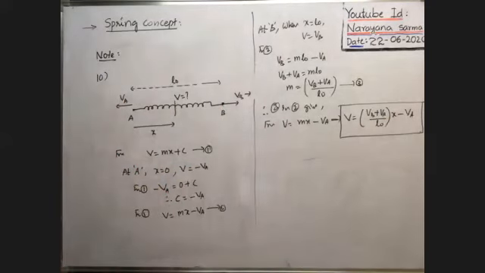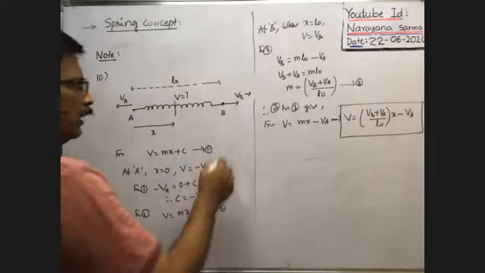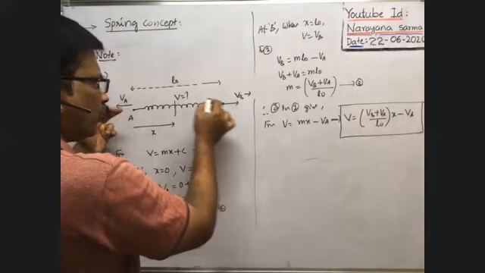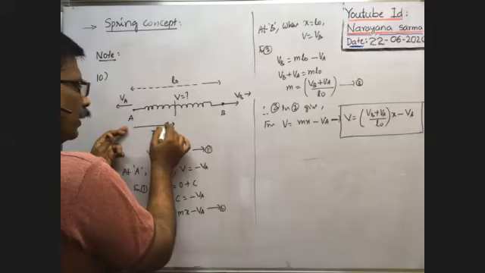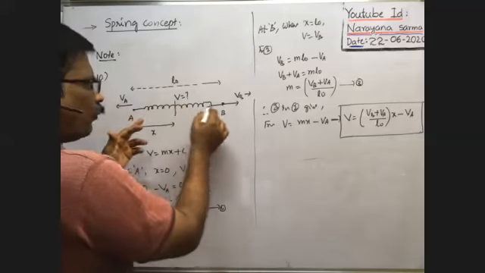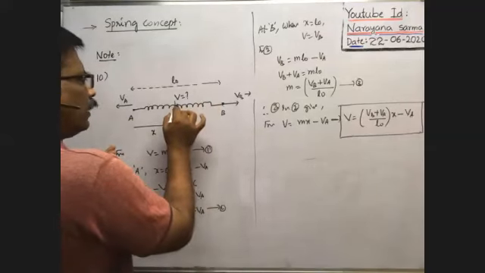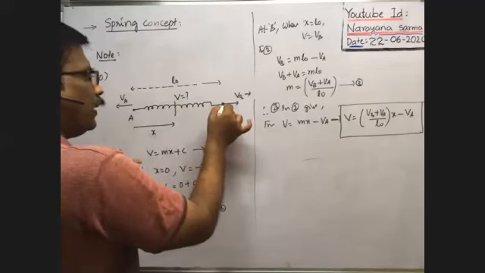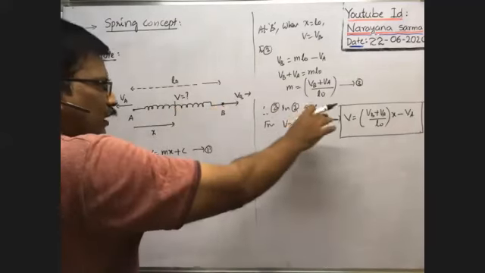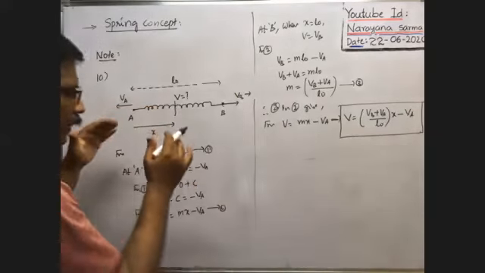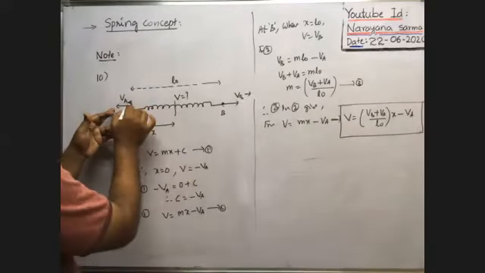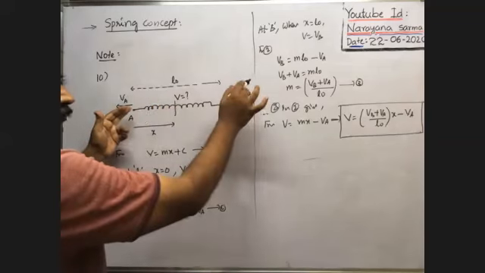Already, by taking these velocities, we have to find the velocity of any point at a distance x. Suppose you are given the velocity of the point in the spring at a distance so and so from B. But we derive this. You don't remember the formula, you remember the concept. Sometimes the velocities of the two ends are in the same direction.